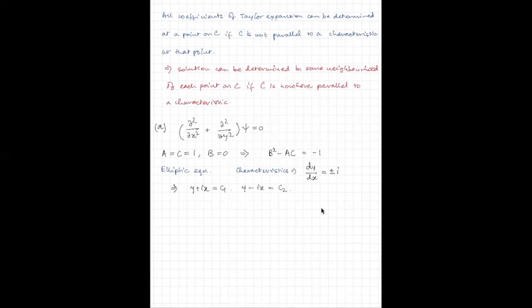The c1 and c2 are arbitrary constants. And so the characteristics through x naught, y naught are given by y minus y naught is equal to plus minus i into x minus x naught. So that's the first equation.